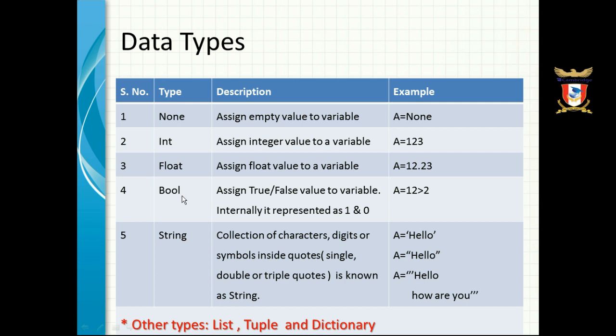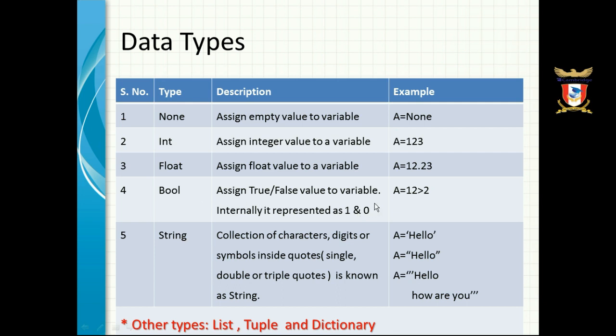Then next we have the bool data type, known as the Boolean data type. Boolean data types are used to store true or false values. True means 1 and false means 0, so true and false values are internally represented as 1 and 0.